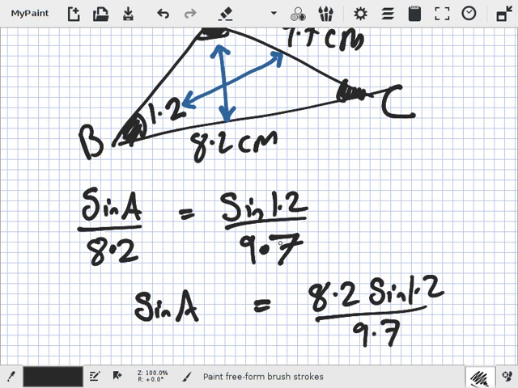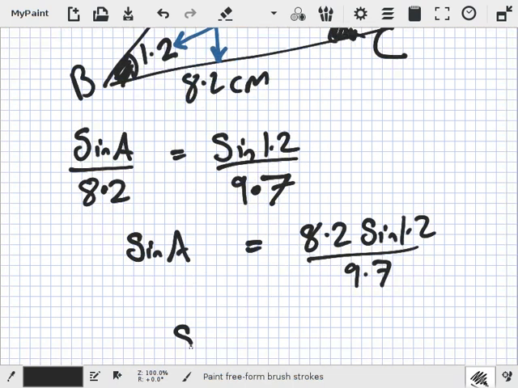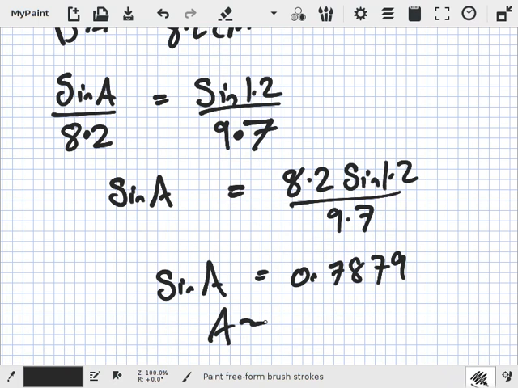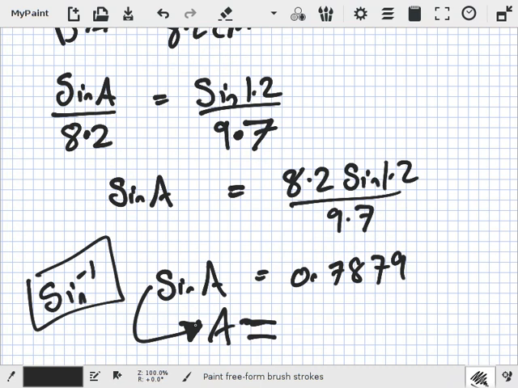Oh, well let me just retype it. 8.2 times 7.2 over 9.7. Sine A equals 0.7879. So how do I get A here? What do I use on my calculator to get the A? I use that button called sine inverse to work out what the A is. So that is 0.907 radians.